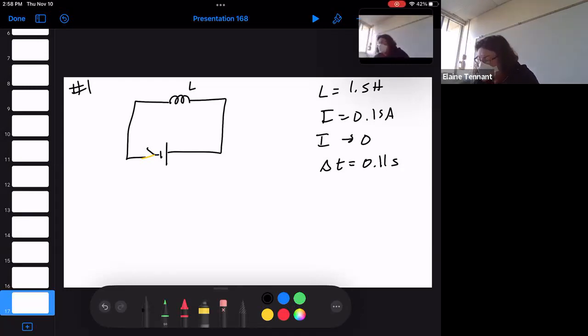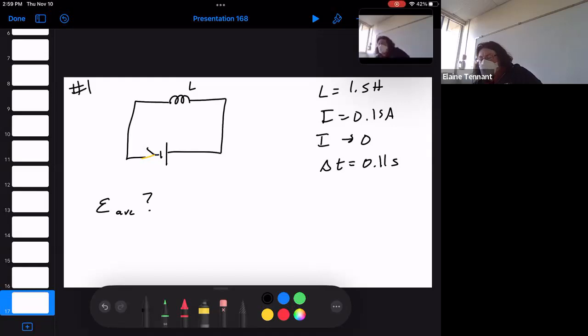All right then. So let's express the magnitude of the average induced EMF over this inductor in terms of the givens that we have. Now let me ask you a question. They specifically asked for the average here.